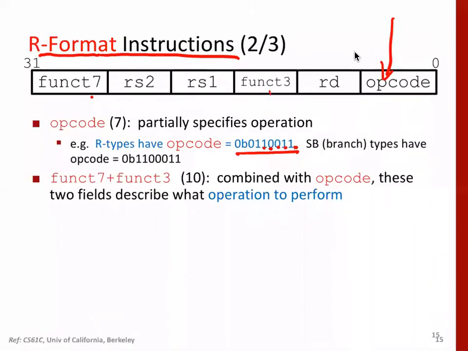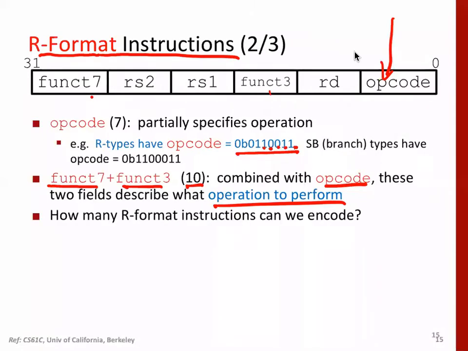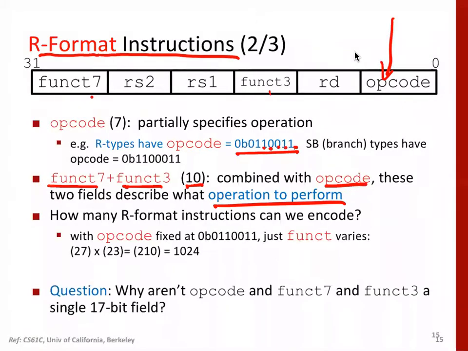Function 7 and function 3 make 10 bits. Combined with the opcode, these describe the operation to perform, as we have already discussed. So how many instructions can we encode? Looking at the number of bits for opcode, func3 and function 7 put together, 7 plus 3 plus 7 makes 17.